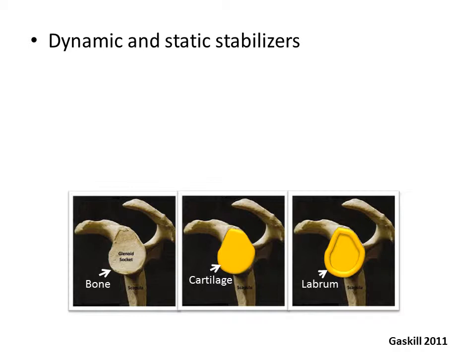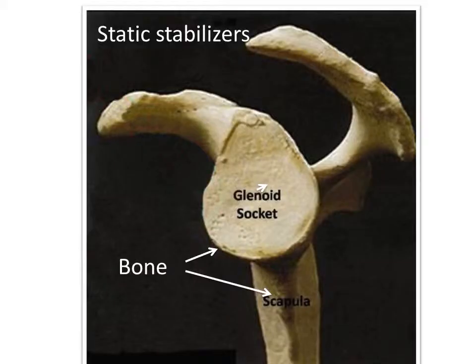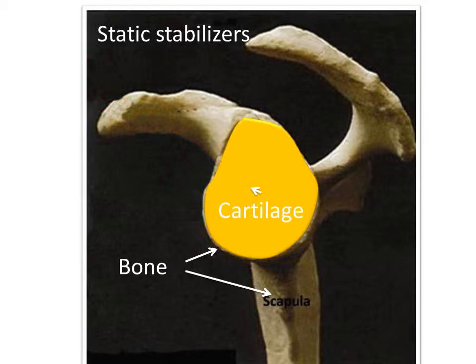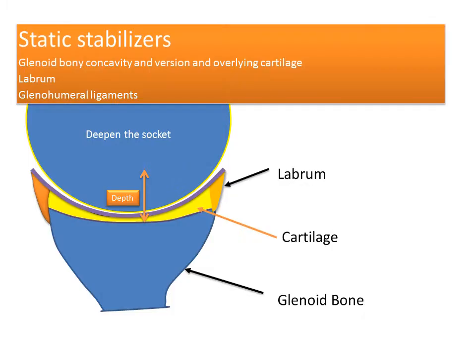When we talk about instability of the shoulder joint, we describe the shoulder as having dynamic and static stabilizers. These static stabilizers include the bony anatomy with the glenoid socket, and this glenoid socket version is determined by the shape of the scapula. There is the overlying cartilage, and then surrounding that is the labrum, which is Latin for lip.